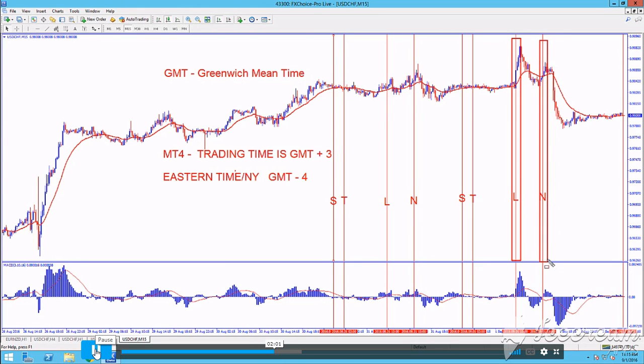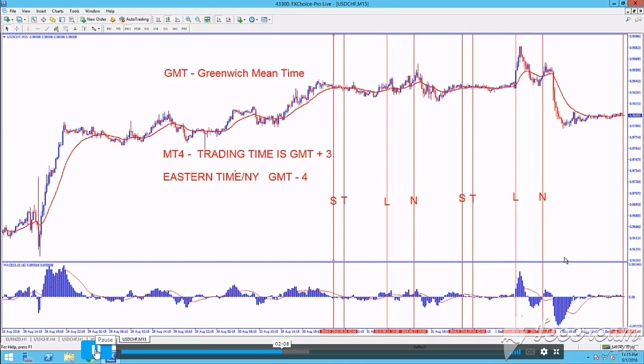This is where most volatility is. So basically this whole time zone right here, which on your charts would be 10 a.m. to 15, which is 3 o'clock p.m., GMT plus 3. Or New York time, 3 a.m. to 8 a.m. That's when it starts.